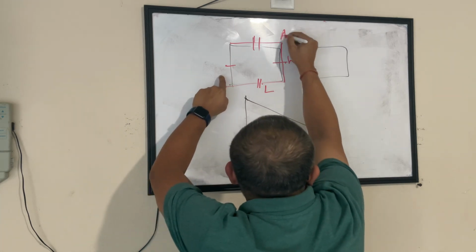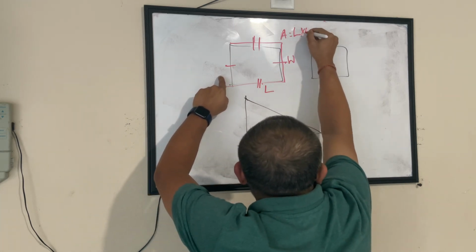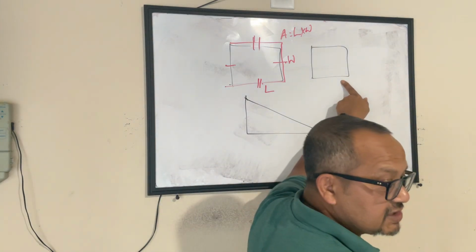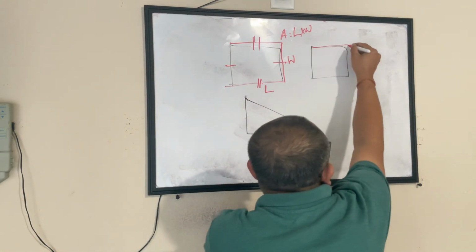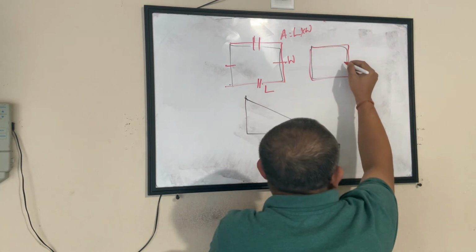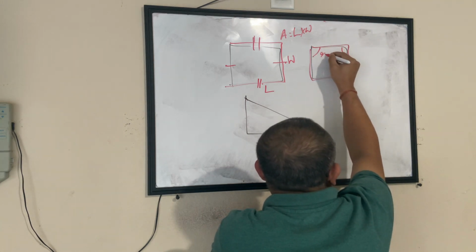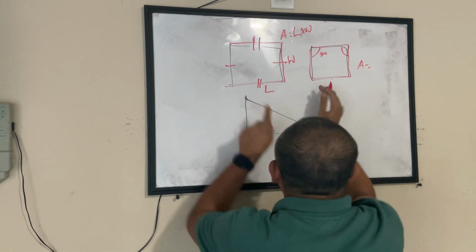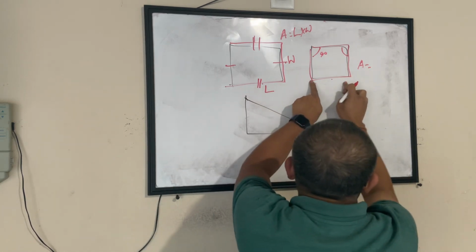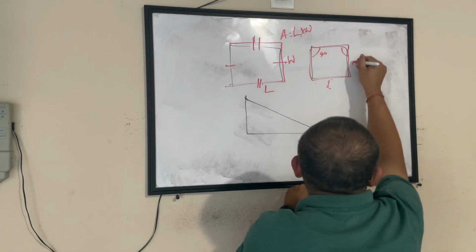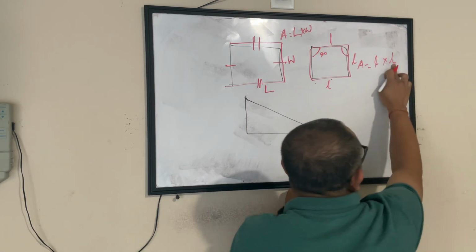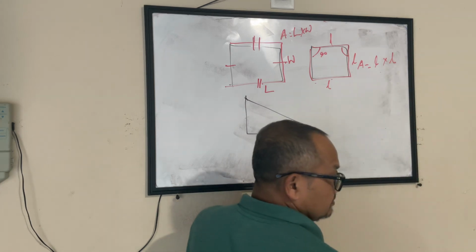So area is length times width. Okay? If you talk about a square, what is a square? All the sides are of the same length and every angle is 90 degrees. So what is the area of a square? Again, it looks like a rectangle, so length times width. Here everything is the same, so instead of length times width, you say length times length.